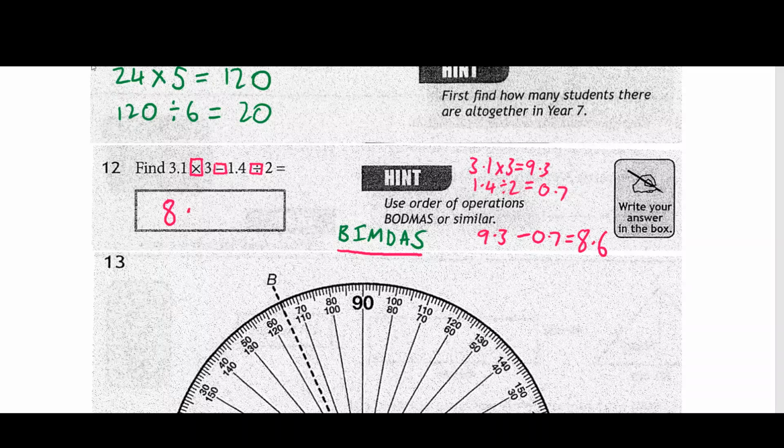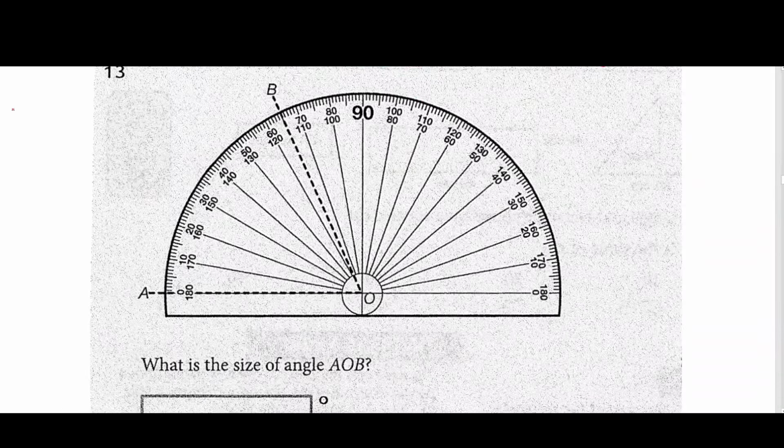So our answer here is 8.6. Now, if you had your scientific calculator, you should type this straight in and it'll figure out the correct answer. As long as you have a scientific one, it'll give you the right answer.